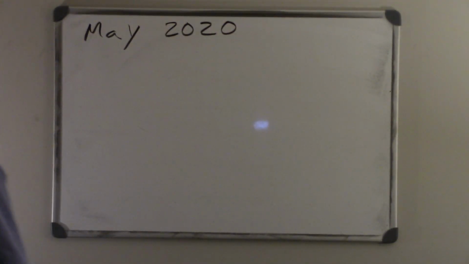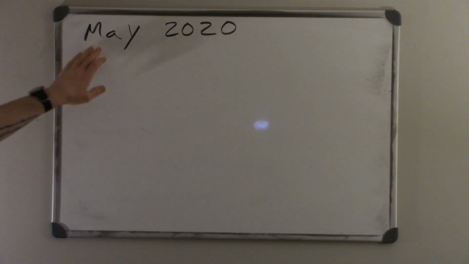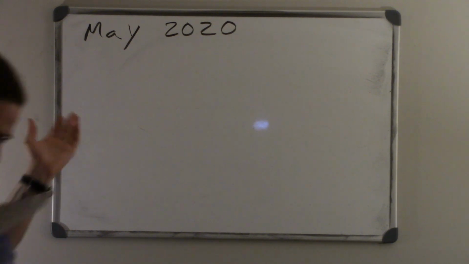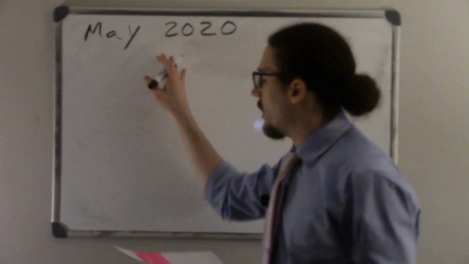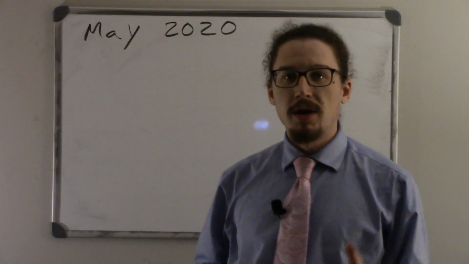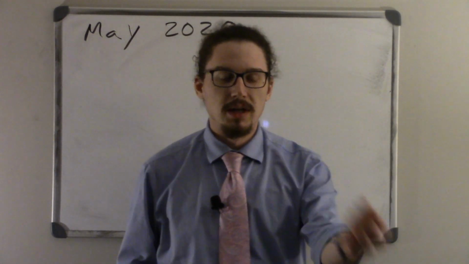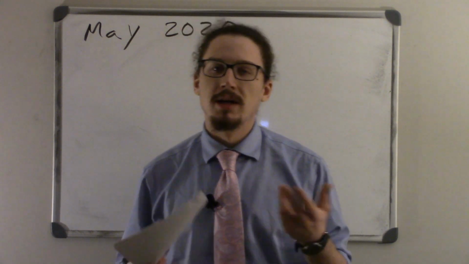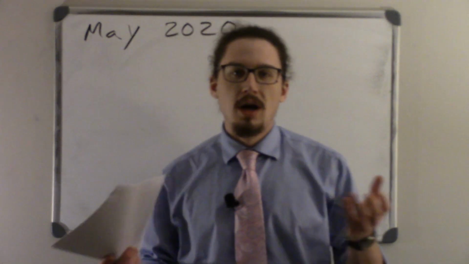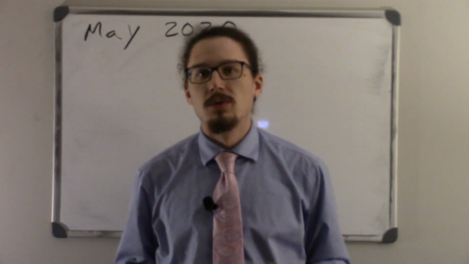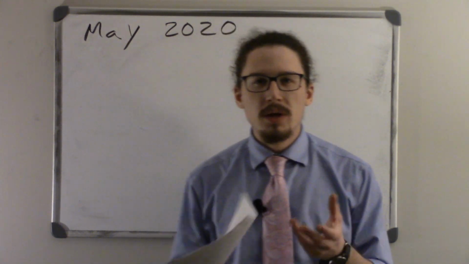All right, so let's calculate the unemployment rate. This is the real numbers, the unemployment rate for the U.S. in May 2020. It's the most recent data they have out, and when I say they, that is the Bureau of Labor Statistics, with data through what is known as the CPS, or the Current Population Survey.